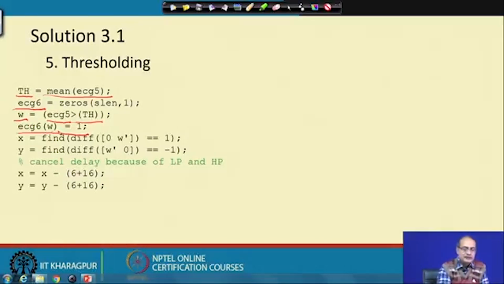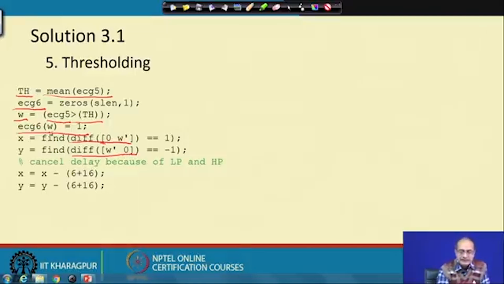So, ECG 6 has values 0 and 1, and now the next point is that we do the differentiation. For that we pad the first value with a 0 for forward difference, and here also we do it for the end value with 0.